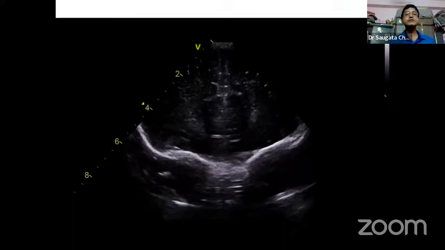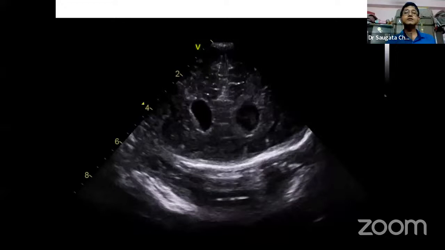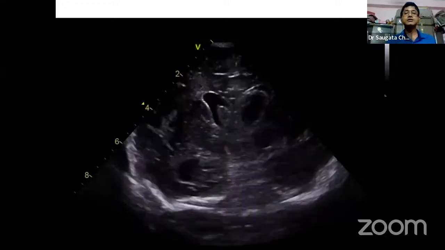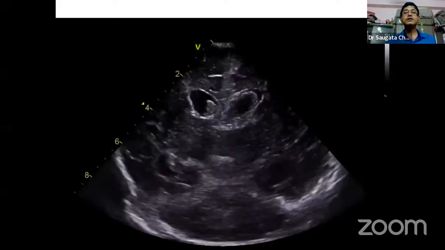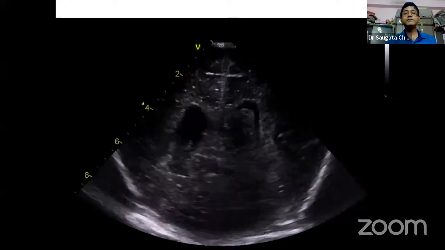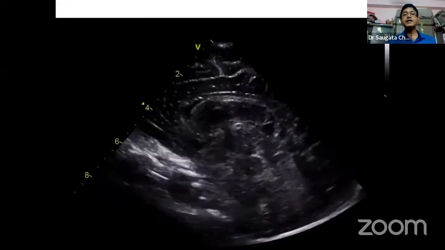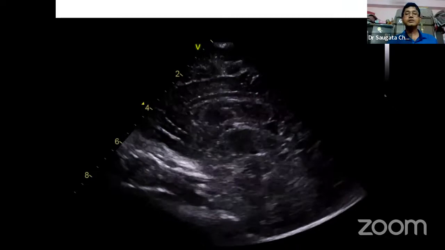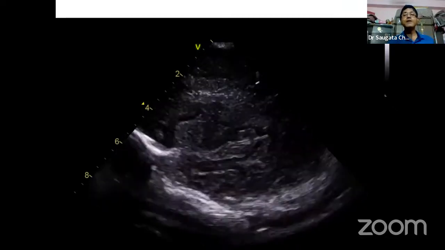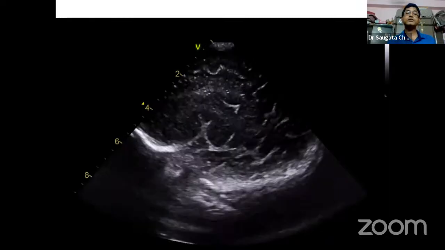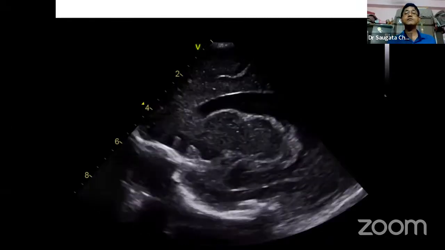So this sequence, I'll show you. This is C2, this is C3, C4, C5, and this C6. This is the lady in dress view. Mid-sagittal, right parasagittal, right parasagittal cortex view, left parasagittal cortex view, left parasagittal.